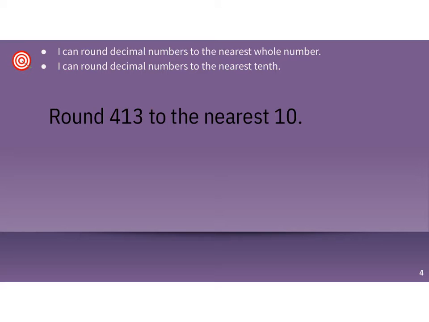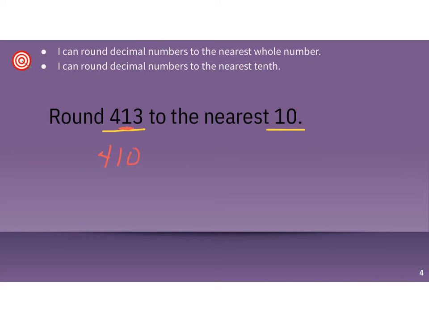How about this? If I've got 413 and I still want to round to the tens place, that means I'm going to focus on that tens place. Even though this number goes to the hundreds, I'm going to focus on the tens place. So same thing, I would ask myself, what two numbers is 413 between?